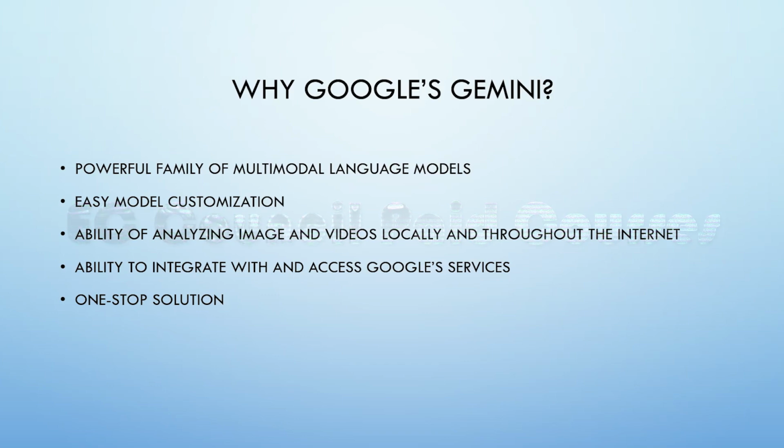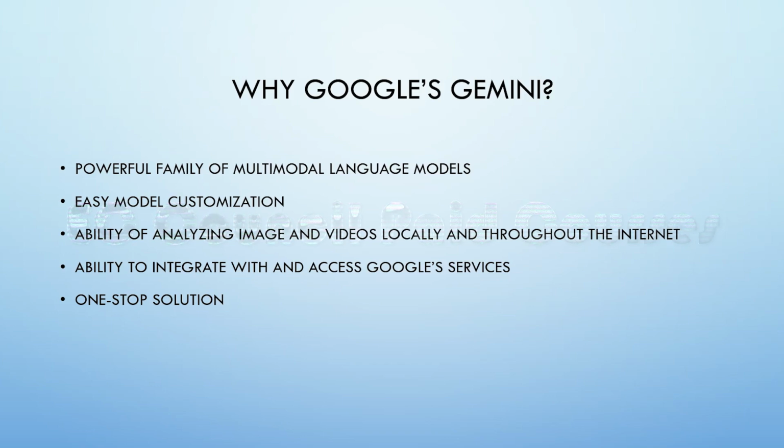Aside from that, you also have the integrations that they have within Google's other services outside of Google Cloud, namely YouTube or Google Maps. So these are a really great way of being able to integrate with other tools. You can also easily customize models, since they also provide the ability for customizing and fine tuning.